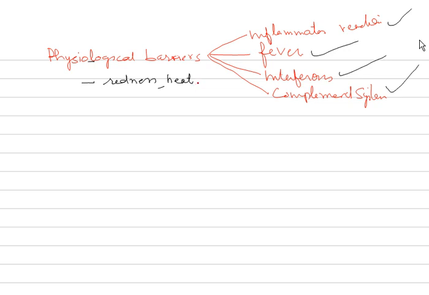Heat we find. Then there may be swelling around that area, followed by pain in the area of infection where infection has taken place. So these are the things which we find in case of inflammatory response.